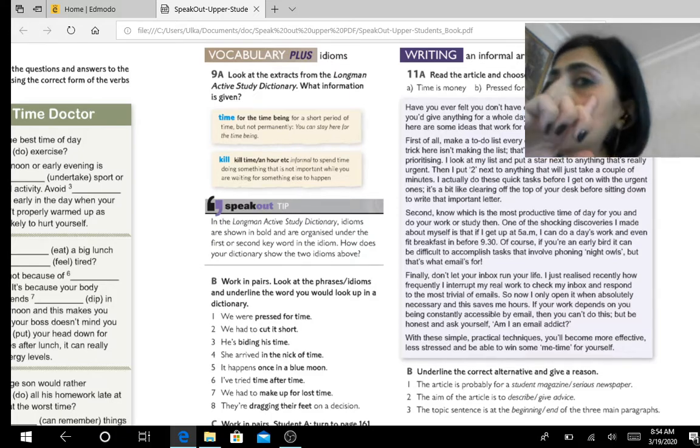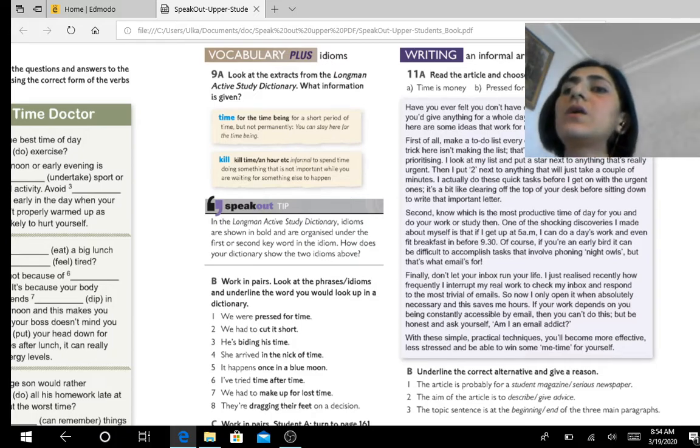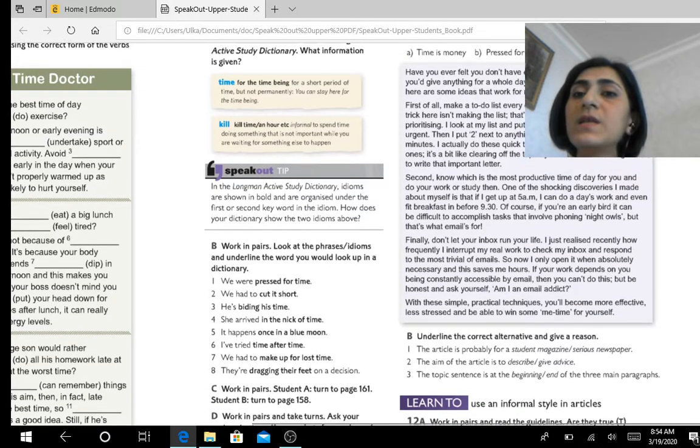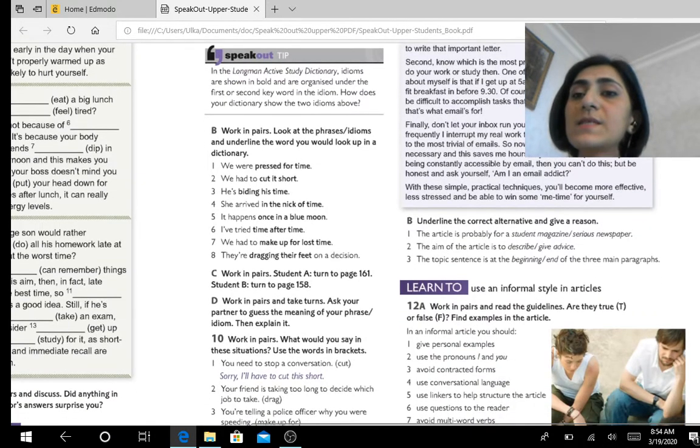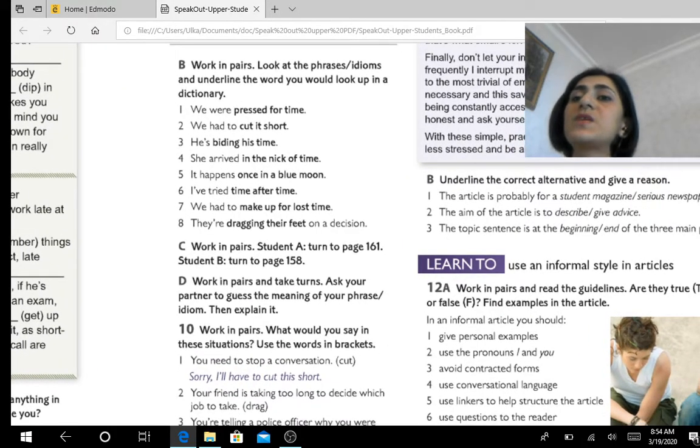In exercise 9, actually, this is just the introduction. You have been given two idioms and their definitions, which you have to memorize and add to the list in exercise B. In exercise B, you've got lots of bold idioms: pressed for time, cut it short, biding in time, and so on.